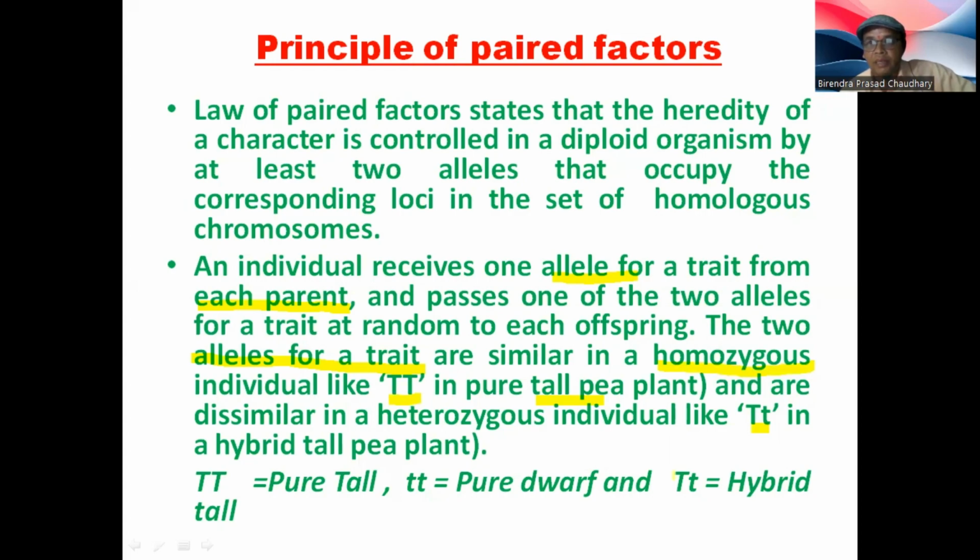Individuals having such a pair of dissimilar factors are considered heterozygous. Here you can see capital T capital T for pure tall, and small t small t, which is also pure dwarf. It is dwarf but homozygous because it has similar alleles. And this one, capital T small t, is hybrid tall, or you can say it is heterozygous.